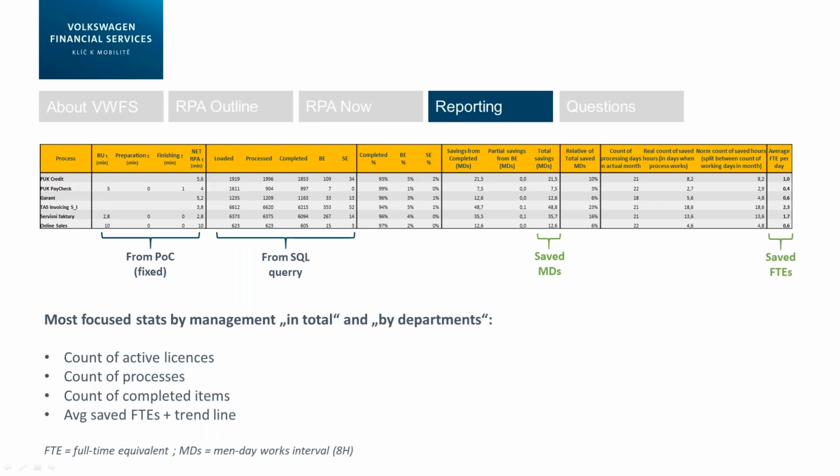And when we divided saved man days by 21, you can get average saved FTE per 1 day. When you sum these saved FTEs, you can get the total average saved capabilities by robot processing.